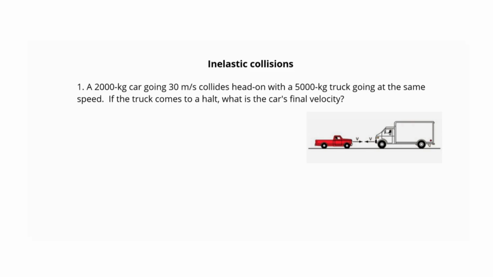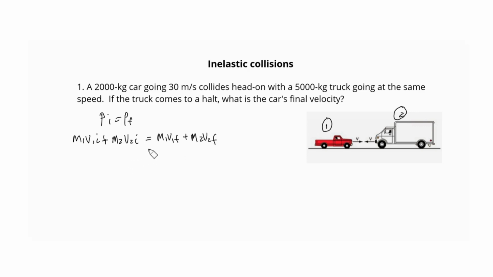We again start with our basic premise, which is that P initial equals P final. And so I'm going to call this vehicle 1 and this one 2. Again, it doesn't matter which one you choose as long as you remain consistent. So my initial momentum, m1 v1 initial plus m2 v2 initial, is going to equal m1 v1 final plus m2 v2 final.